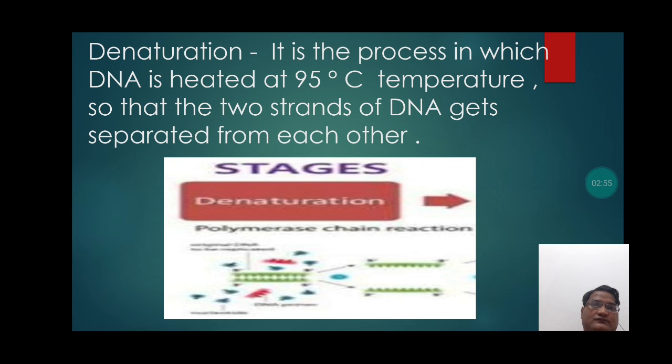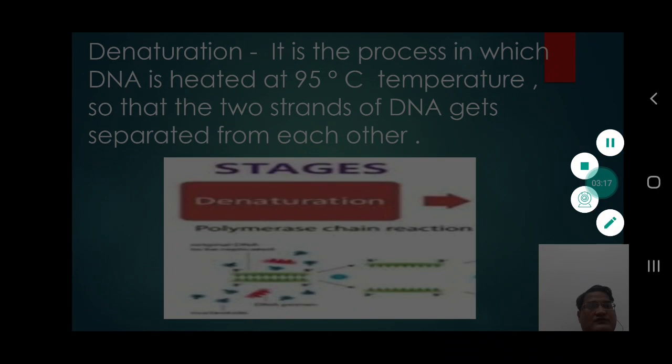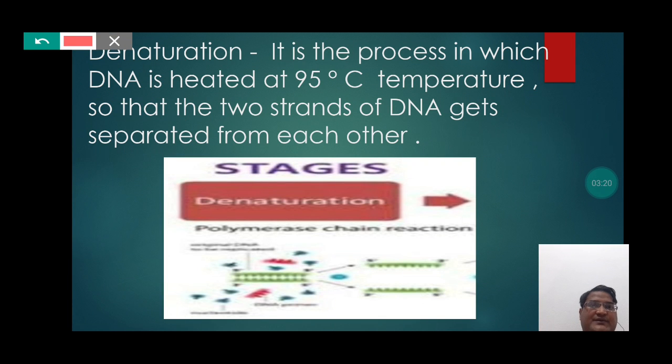Denaturation. It is the process in which DNA is heated at 95 degrees centigrade temperature so that the two strands of DNA get separated from each other. So students, the first step in the polymerase chain reaction is denaturation.